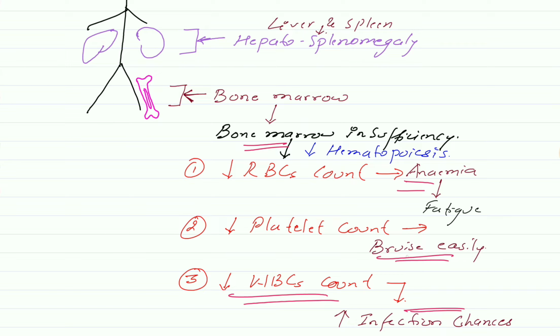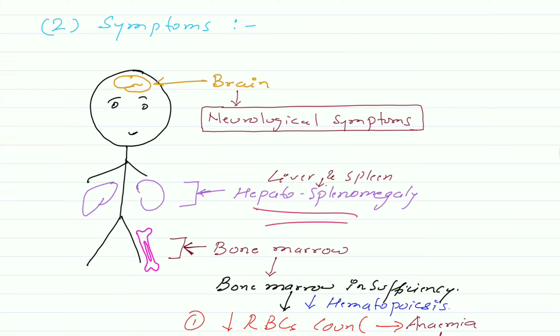The RBC count decreases because of this, anemia develops, and the patient gets fatigued very easily. And these are large sphingolipids, and this accumulates in the liver and spleen and causes hepatosplenomegaly, and in the brain it accumulates and causes various neurological symptoms.